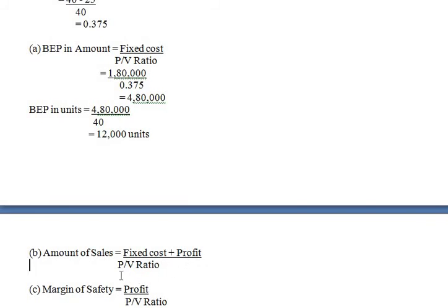So for that we will apply amount of sales formula. So that is equals to fixed cost is 1,80,000 plus profit they have given is 1,20,000. So to earn 1,20,000, how much will be your sales? So we are applying this formula. So you should know when to apply which formula.